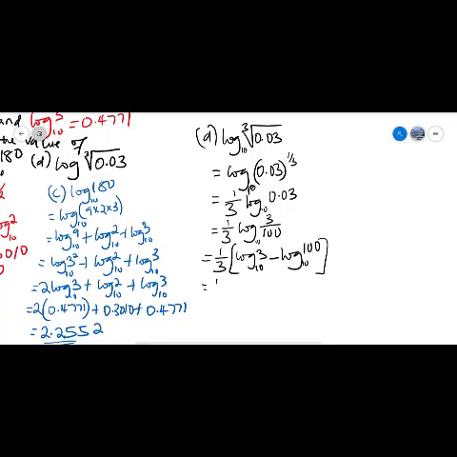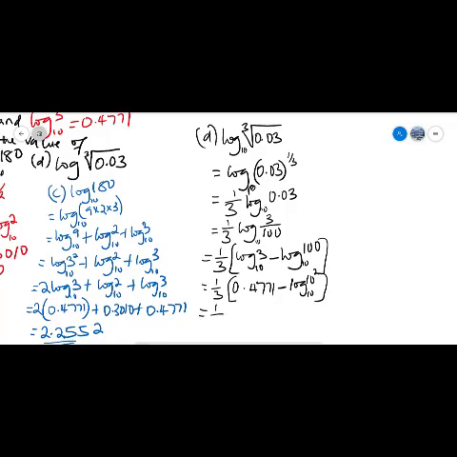So I'm going to have 1 over 3 bracket log 3 base 10, which I've already been given as 0.4771, minus, of course, log 100 base 10, which is the same as log 10 squared base 10.